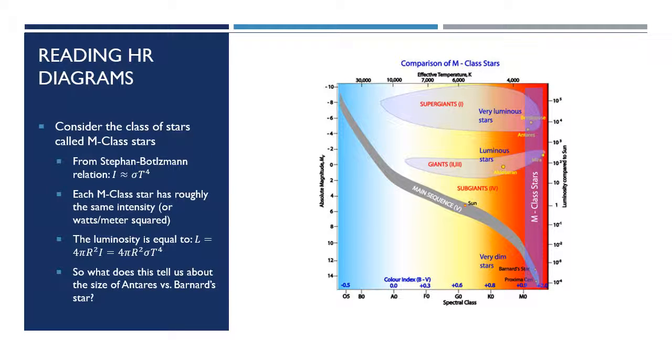Well, the total luminosity of a star is equal to the radius squared times the temperature to the fourth power times Boltzmann's constant times 4 pi. So if you have the same temperature, you can get stars that are much, much brighter if they're bigger.